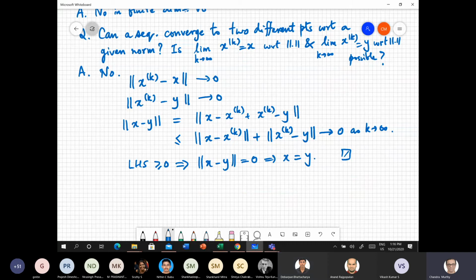Now to show that a sequence cannot converge to different limits for different norms, there's one other theorem that we'll need. This theorem is actually a theorem from real analysis. We'll outline the proof, but there is one step that we will need from real analysis, which I won't go into here.